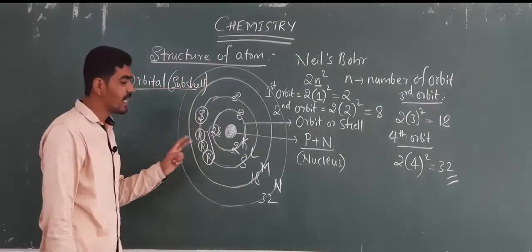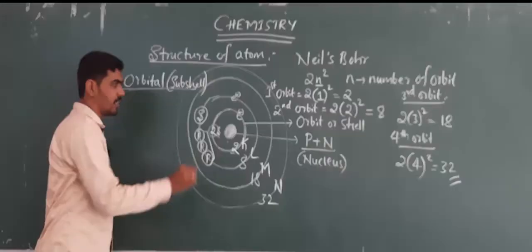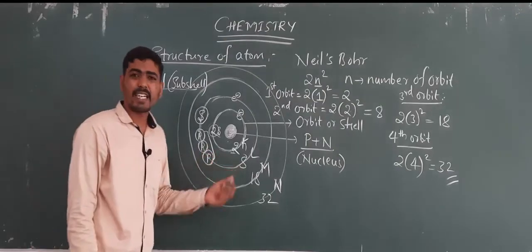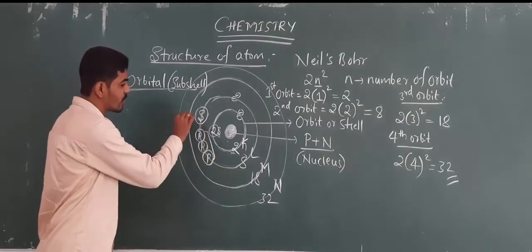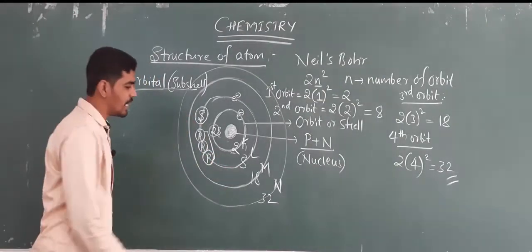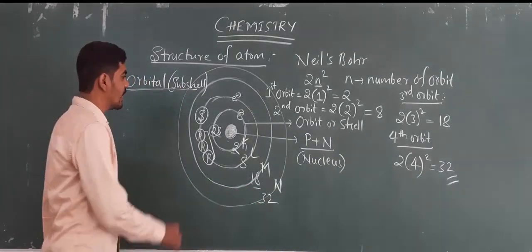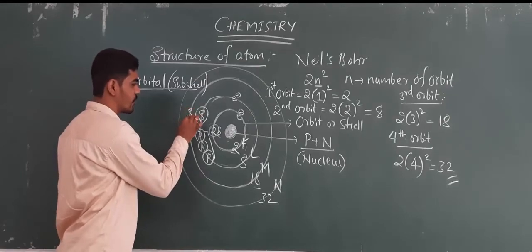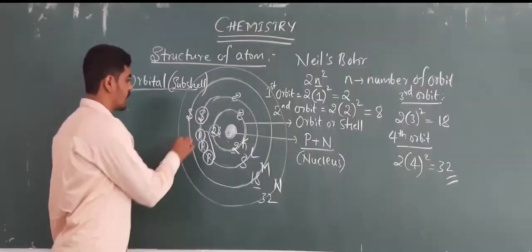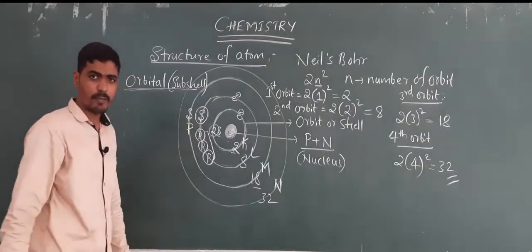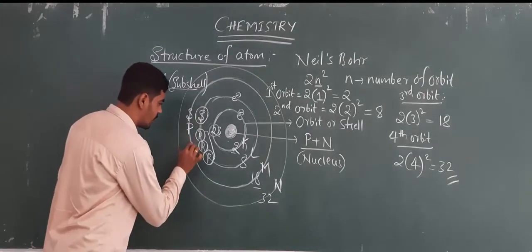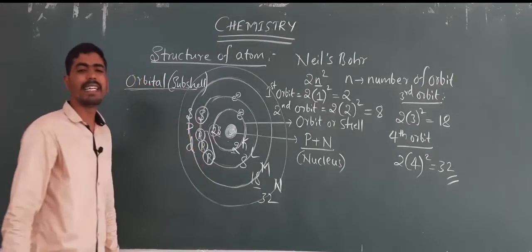So totally 8 electrons are present in this second shell. And going to the third shell, how many electrons are there? 18 electrons. So this third shell consists of 1 s, 1 p, and another subshell which enters here is d.